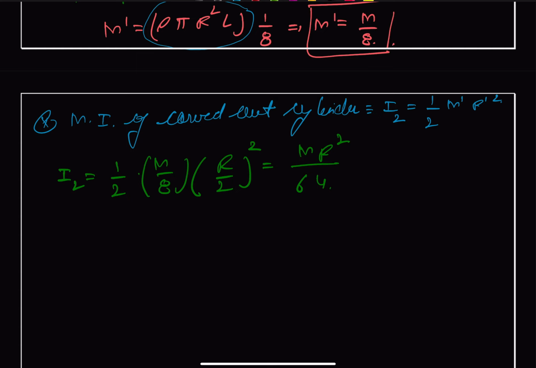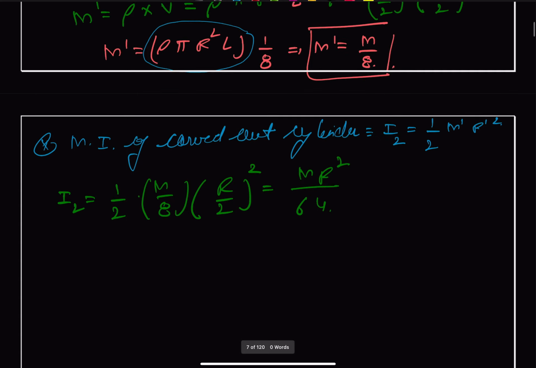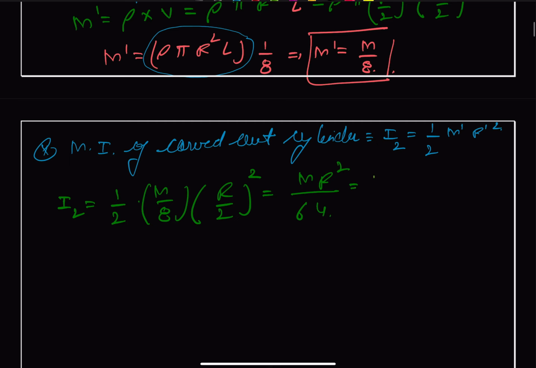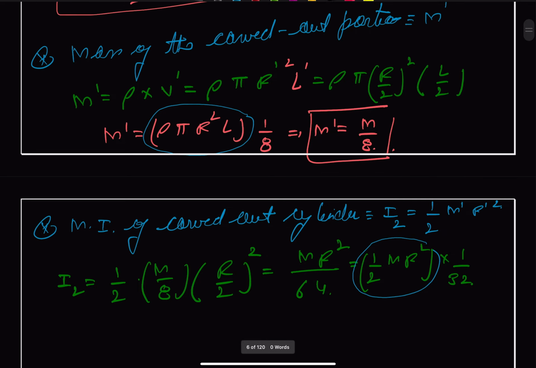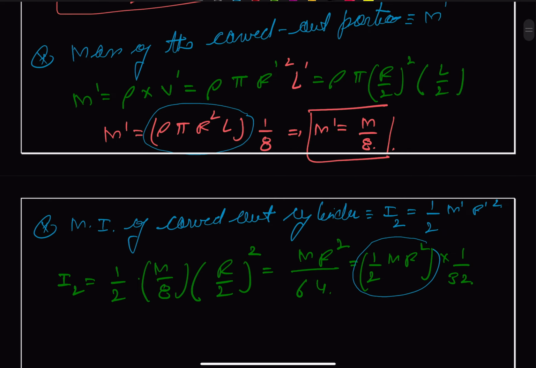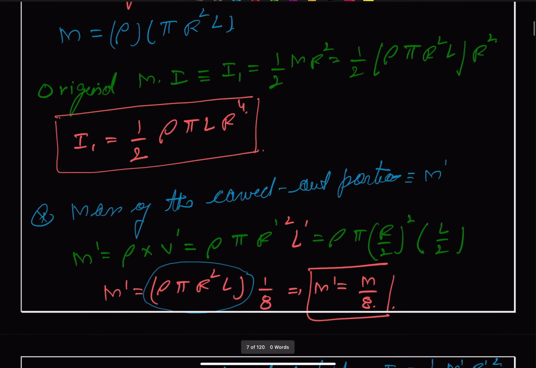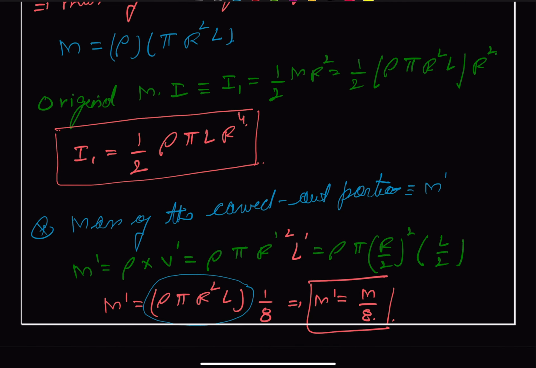And we can also write this as 1 by 2 m r square and 1 upon 32, and this was our half m r square.